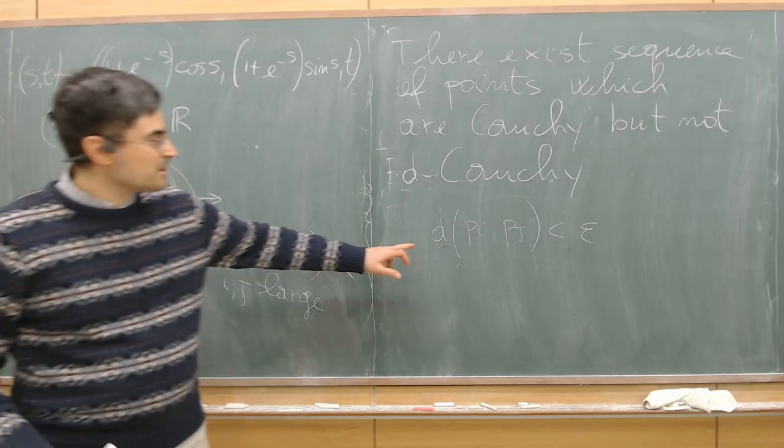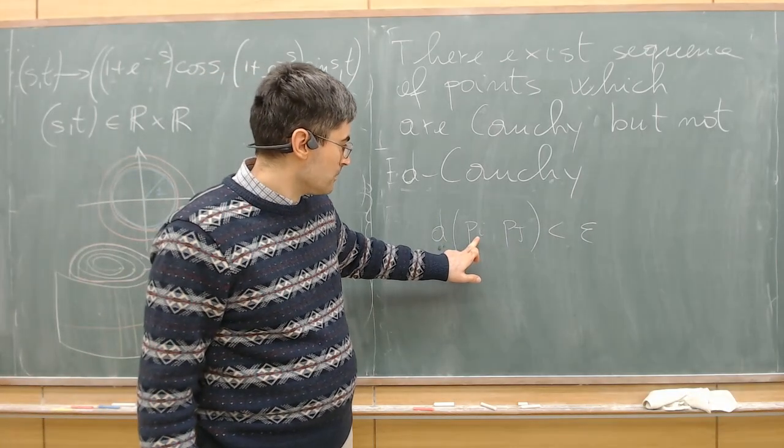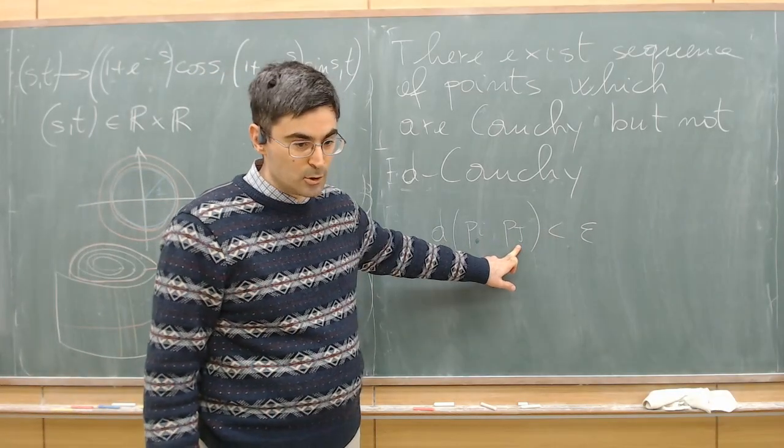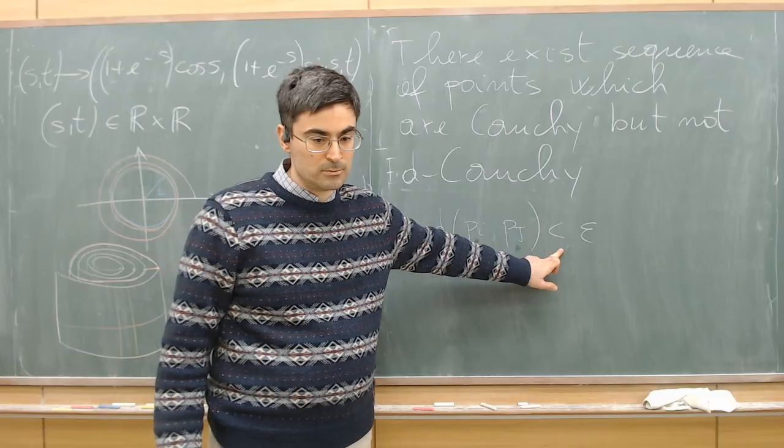So the intrinsic distance of p_i and p_j cannot be made arbitrarily small.